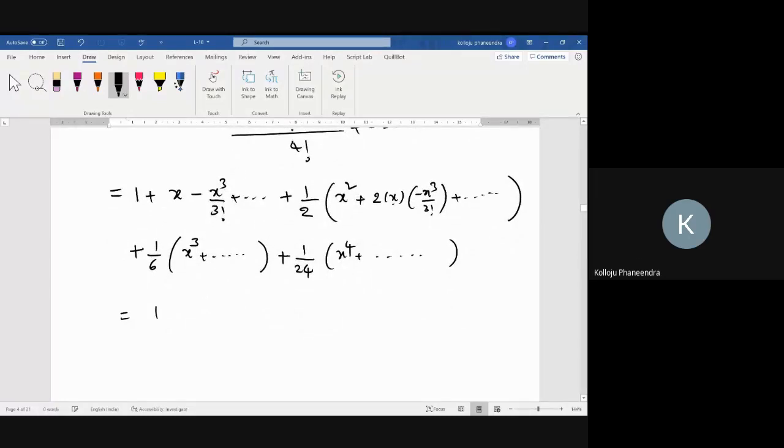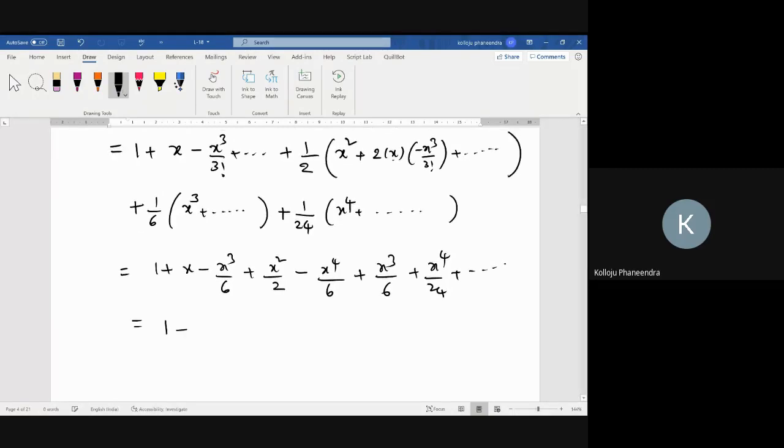So now let me club the similar terms. X minus x cube by 6, this one. This is plus x square by 2. And 2 gets cancelled, minus x power 4 by 6 you will get here. And coming to here, plus x cube by 6. And coming to here, x power 4 by 24 and so on. So what does this become? 1 plus similar terms, x as it is.